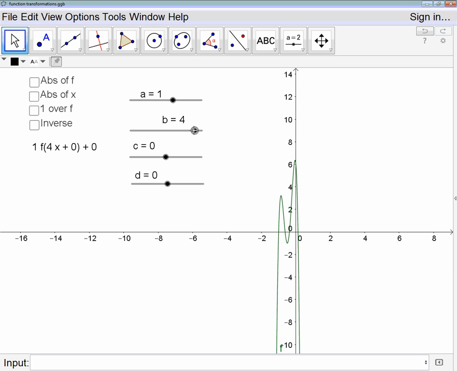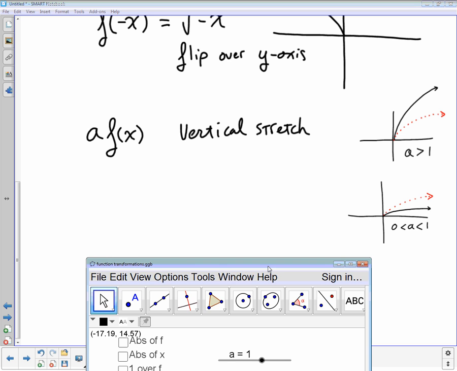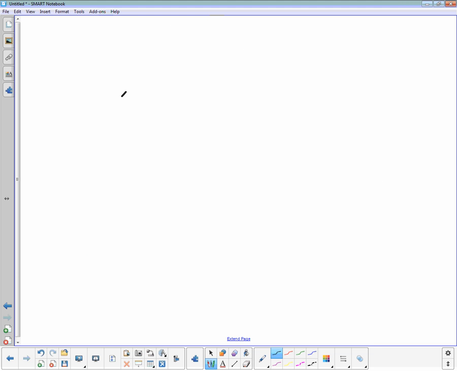Because if you think about what's going on inside the equation, if I had something like this, and let's say my parent function is that, all right?